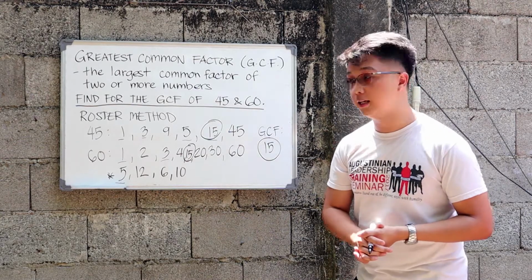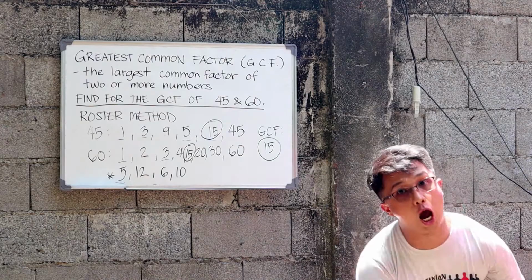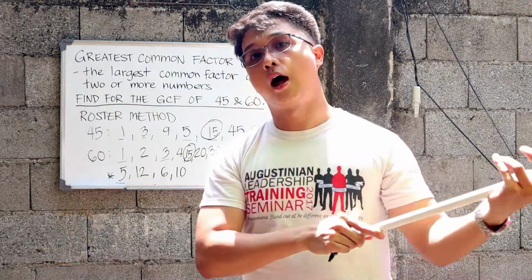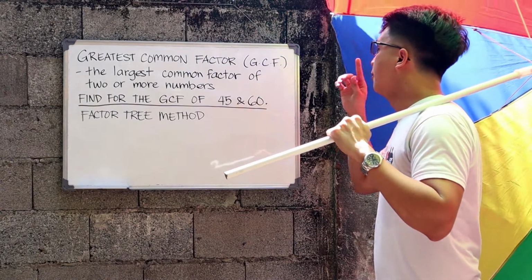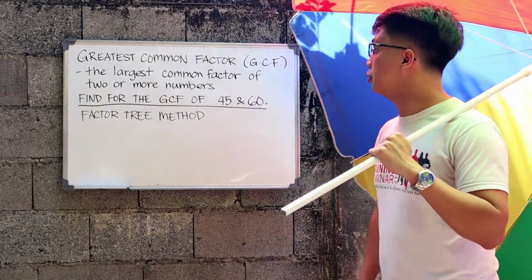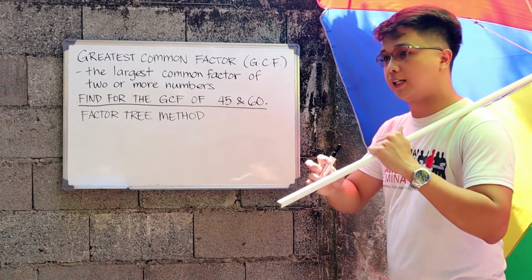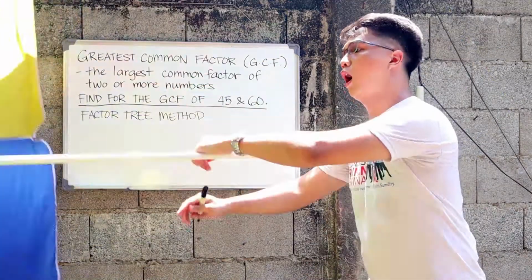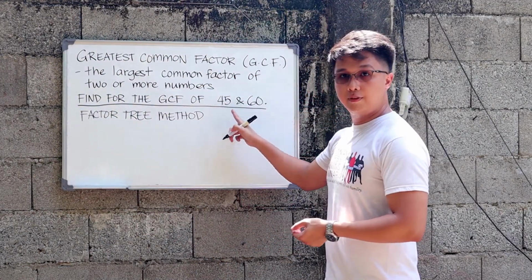And there are other techniques on how to find the GCF that are faster. This time, we're going to do the factor tree method. Okay, factor tree method, 45 and 60.